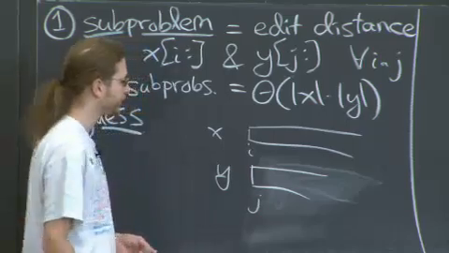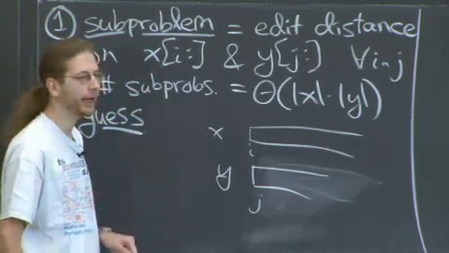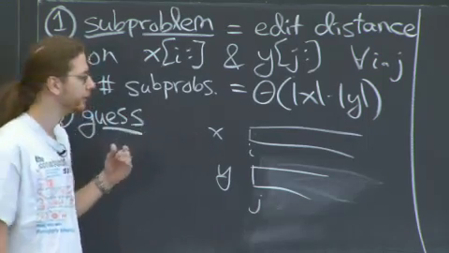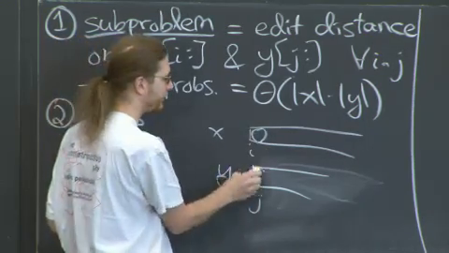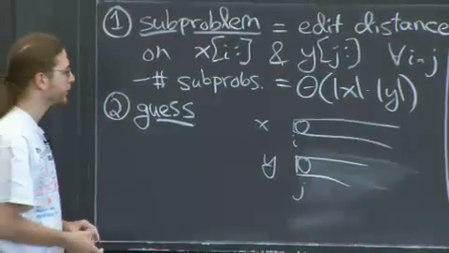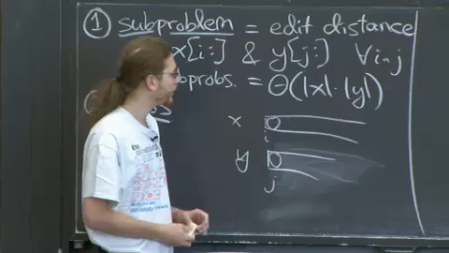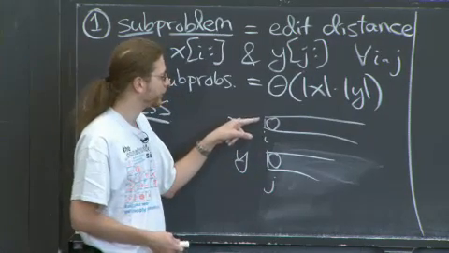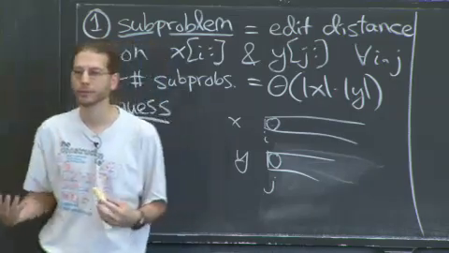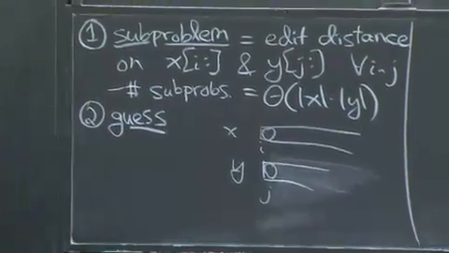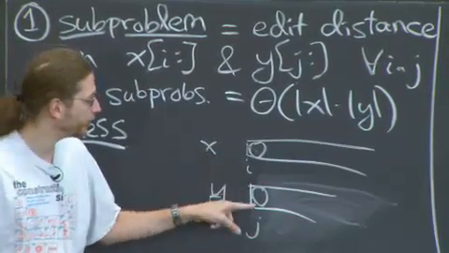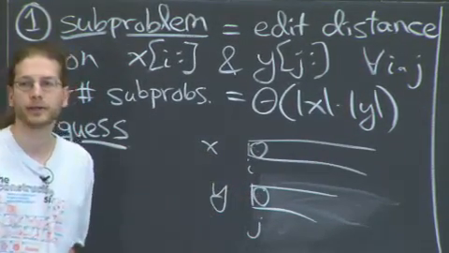That's OK. If I want to convert x into y, what should I look at here? Well, I should look at the very first characters, because we're looking at suffixes. We want to cut off first characters somehow. What are the possible ways to deal with the first character of x? What are the possible things I could do, given that ultimately I want the first character of x to become the first character of y?